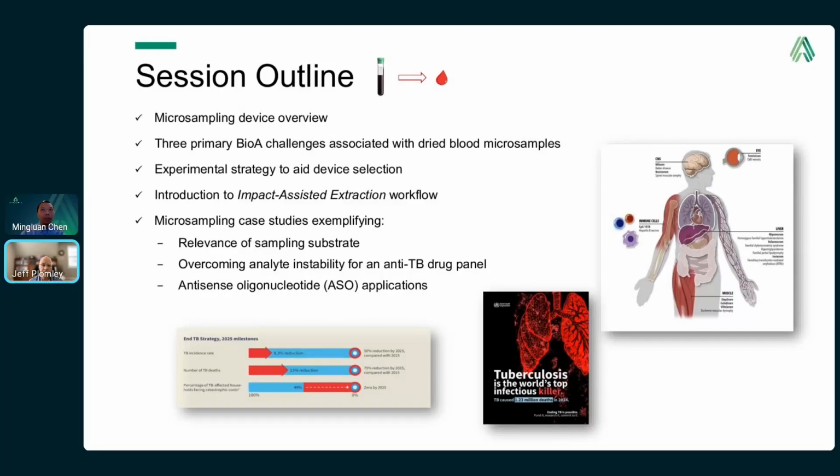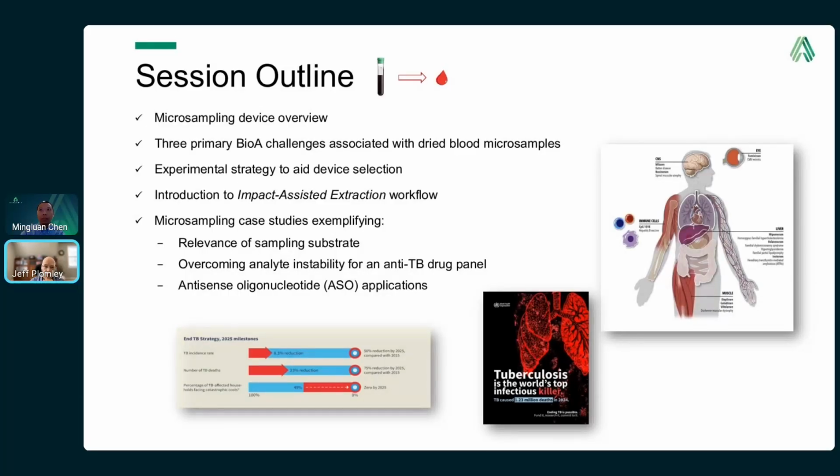And to set the stage, I'll start off by highlighting the most common microsampling devices that we've supported over the past decade or so. And then we'll dive into three primary bioanalytical challenges associated with dried blood microsamples, and an experimental strategy that aids in actual device selection. We'll then go into an introduction to impact-assisted extraction as a sample preparation workflow to mitigate some of the attributes of rigid porous polymers.